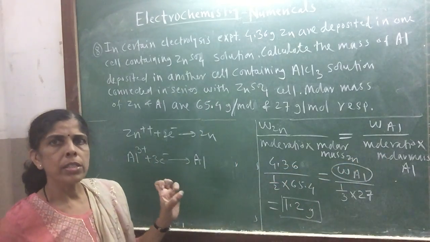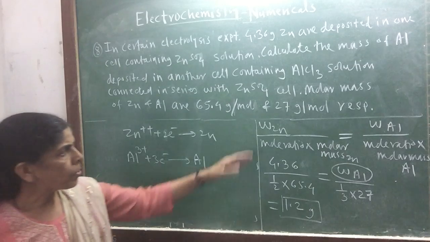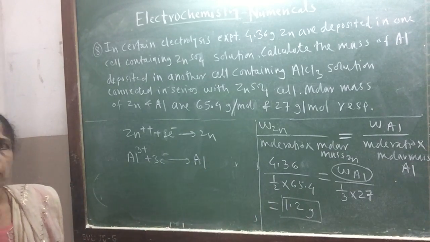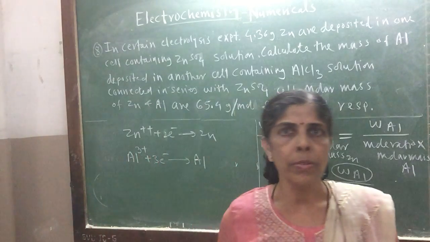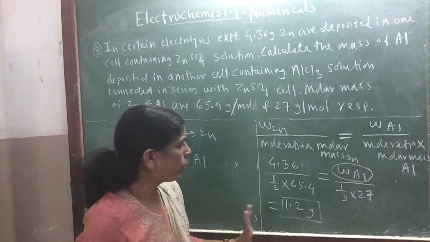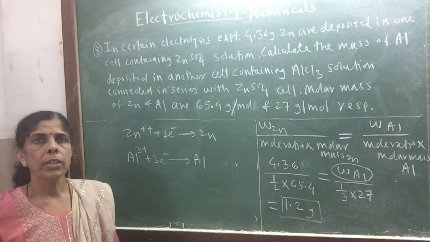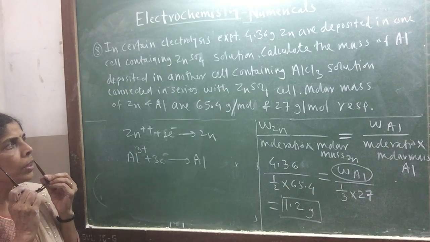Both cells are connected in series and the same quantity of electricity is passed. After substitution, getting mole ratios in both the cells after writing the cathode reduction reactions, we are able to get this answer. So solve this problem carefully with understanding and we will go for the next problem.